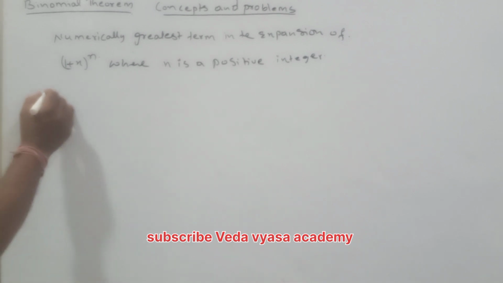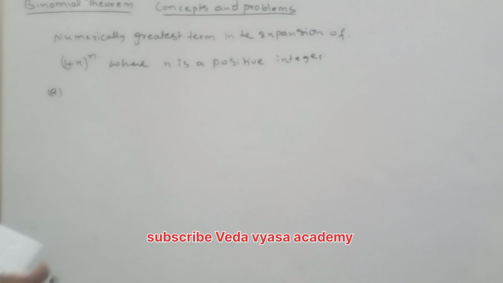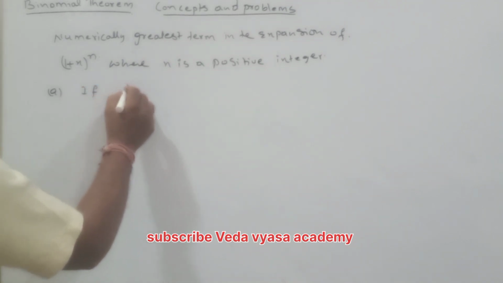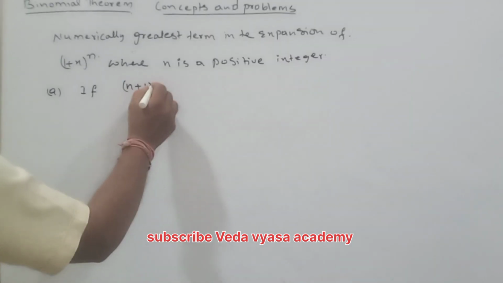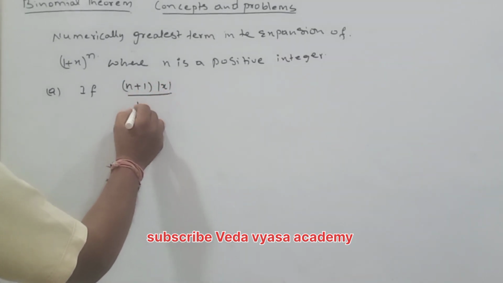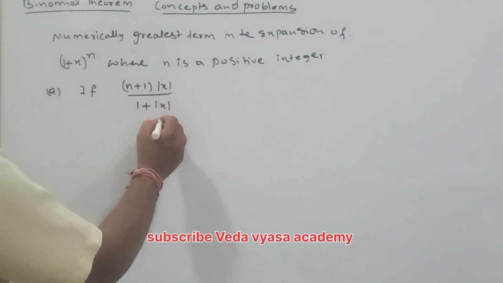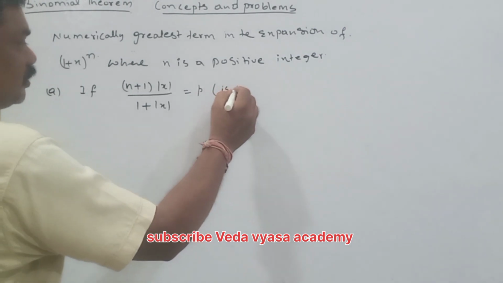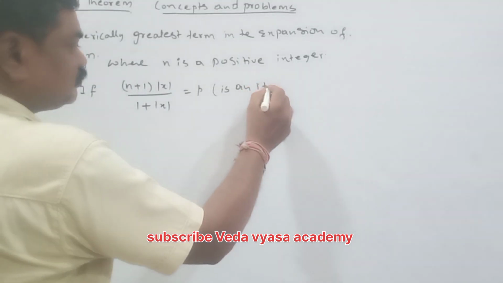First one, this is if (n plus 1) into mod x by (1 plus mod x) is equal to p, an integer.